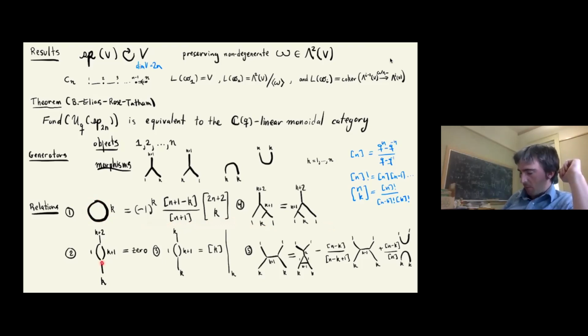If I have some map between two of these generators which are different, so if k and k plus 2, this is a map from an irreducible to a non-isomorphic irreducible, so that has to be 0. This map is an endomorphism of some irreducible representation, the kth fundamental, so it has to be a scalar multiple times the identity on the kth fundamental, and ends up being this one.